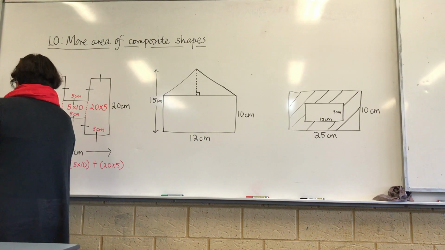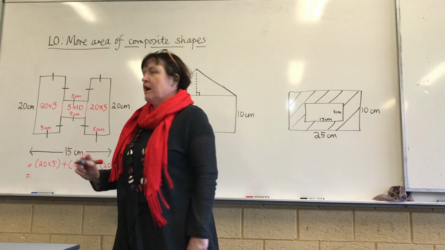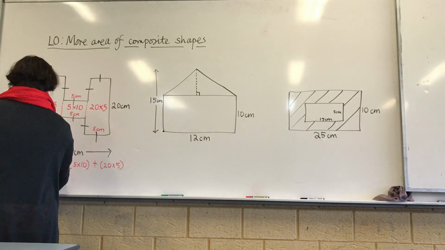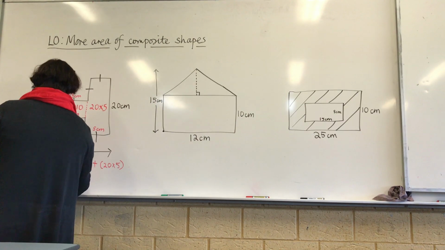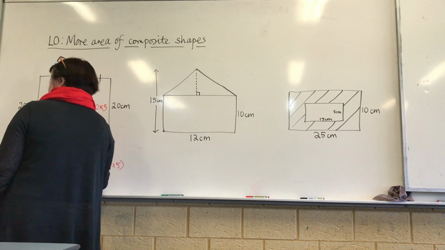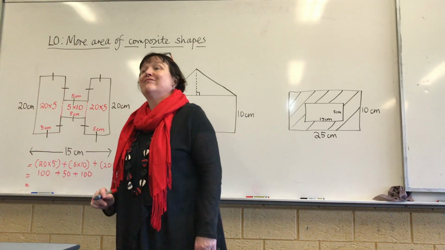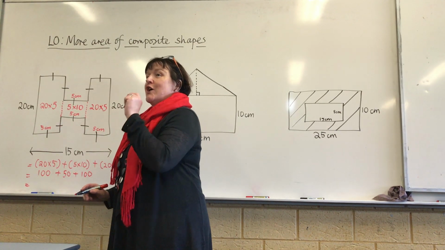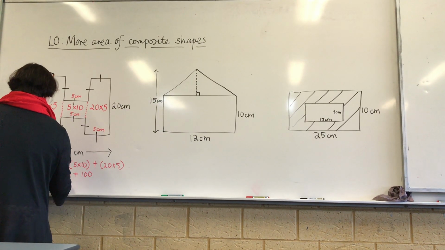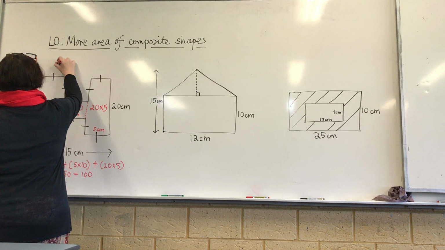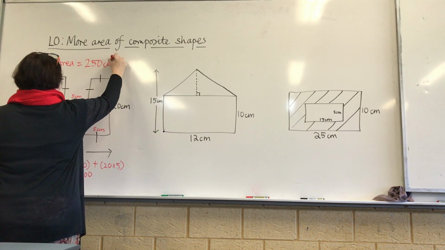What is 20 times 5? 100. What's 10 times 5? 50. And 20 times 5? 100. So what does it add up to? 250 centimetres squared, well done. So we'll write that at the top. The area is 250 centimetres squared.